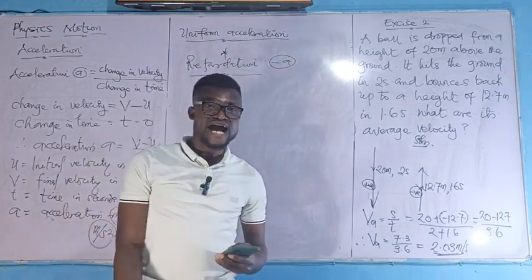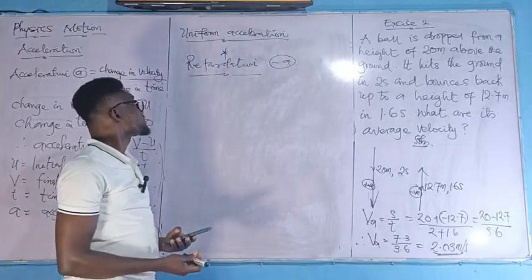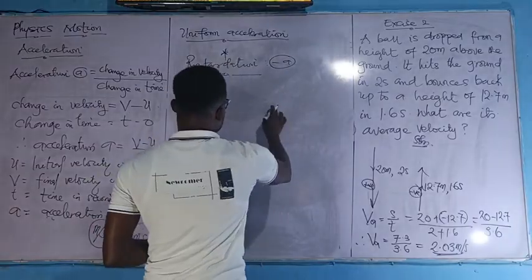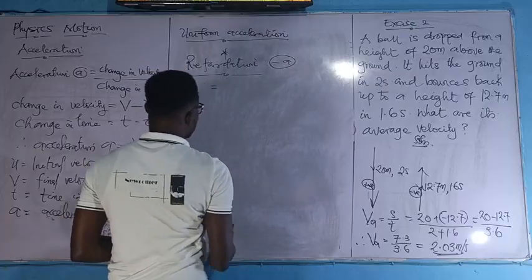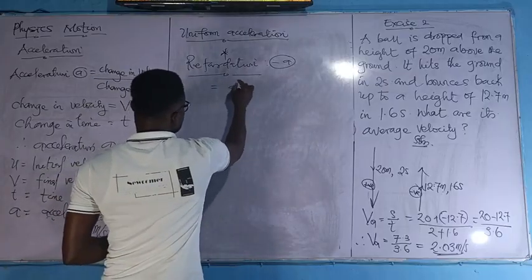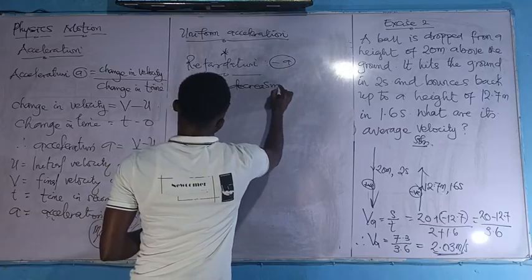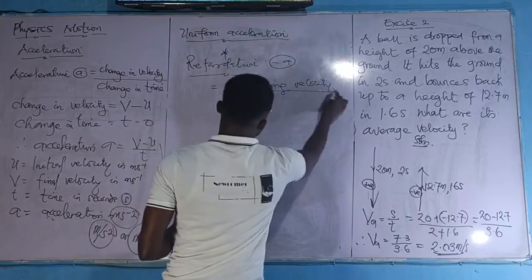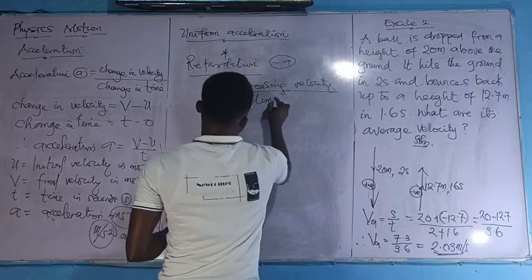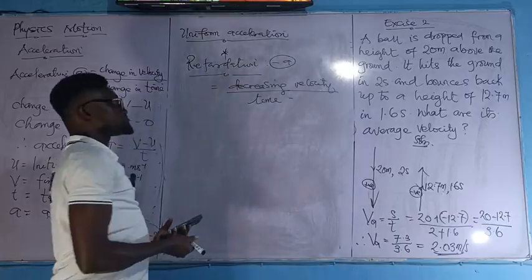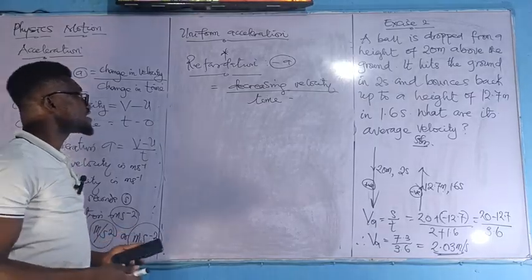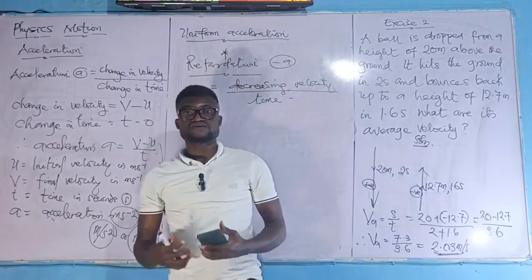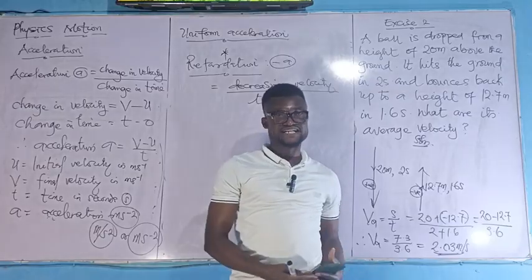Retardation is the rate of decreasing of velocity with respect to time. So retardation is the decreasing velocity. That's a negative change in velocity over a time interval. So retardation is also known as deceleration.